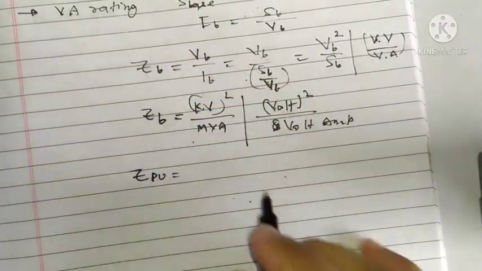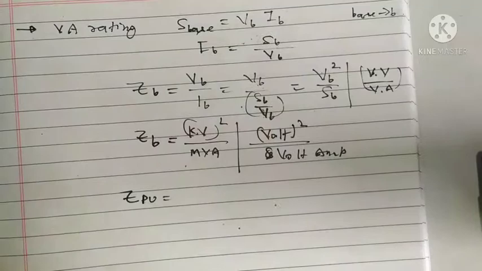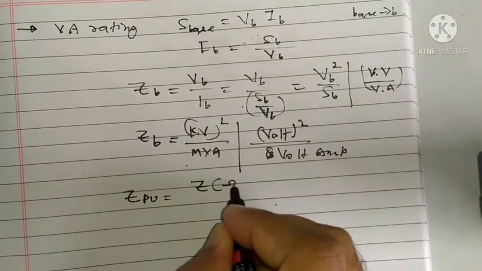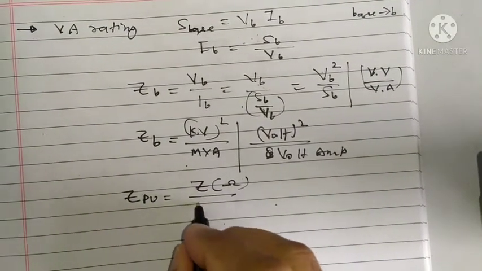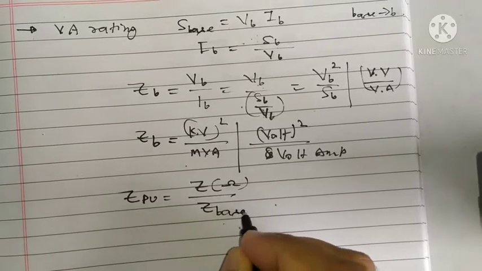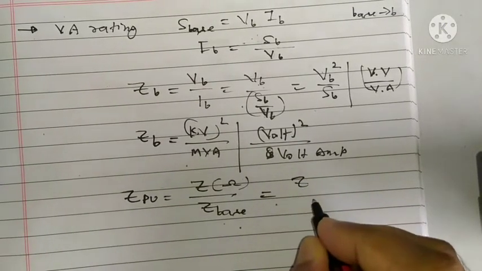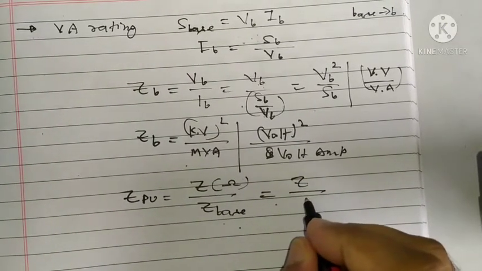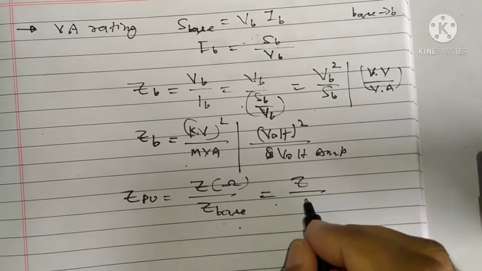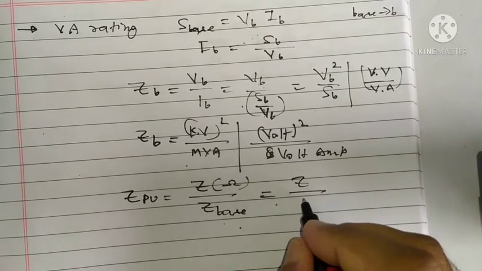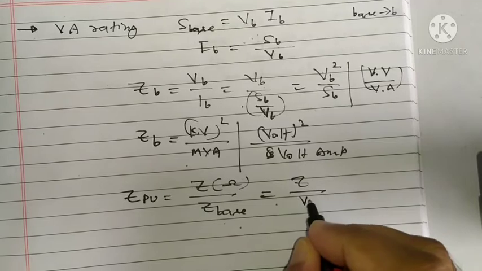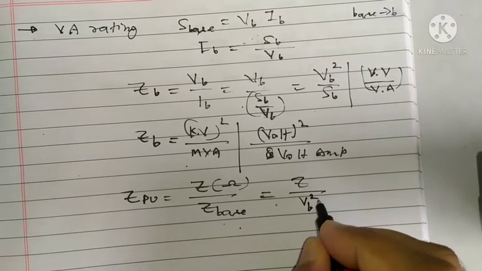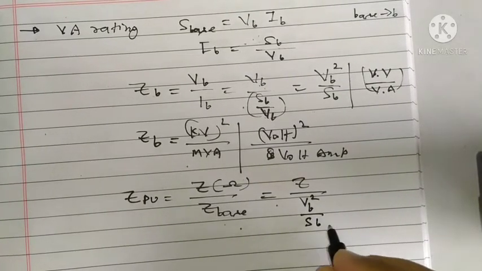And I can write per unit impedance. As I know, it is actual value, so actual value, which is in ohm, divided by base value, and this is what base value is, V base square divided by S base.